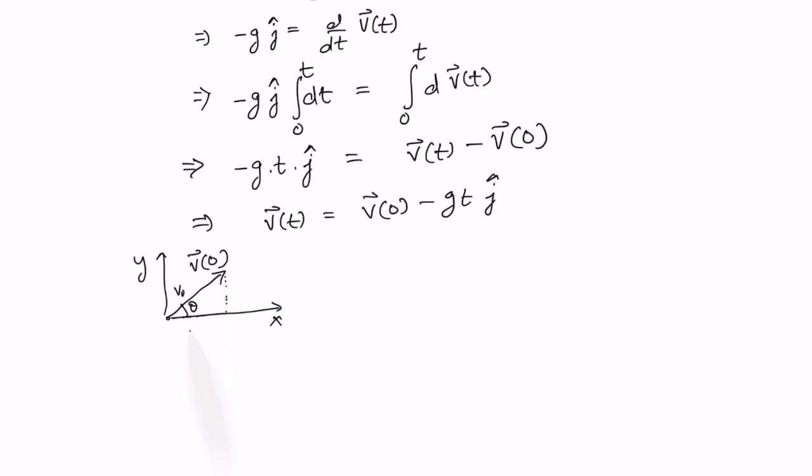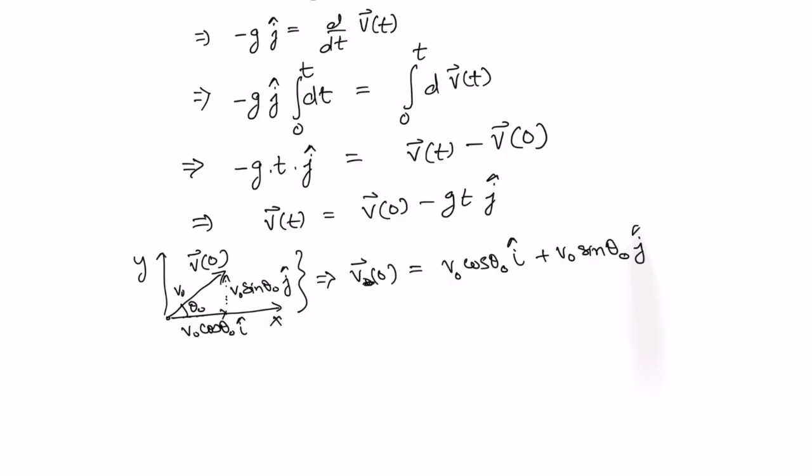The x component of this vector is v naught cos theta naught i cap, and the y component of this vector is v naught sin theta naught j cap. What this implies is that the velocity vector at time 0 is v naught cos theta naught i cap plus v naught sin theta naught j cap.